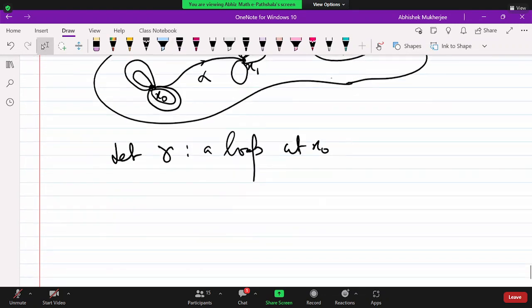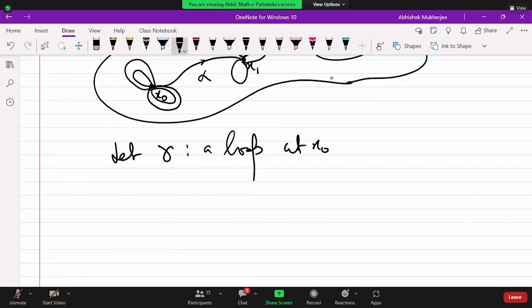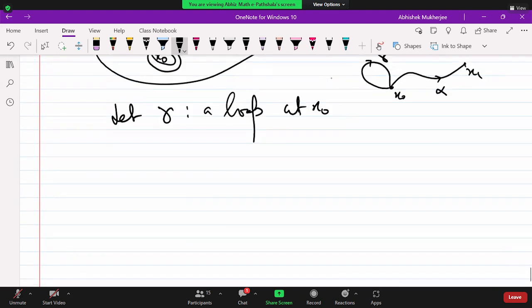This is gamma, and this is your alpha. x naught and x1 are connected by this path.